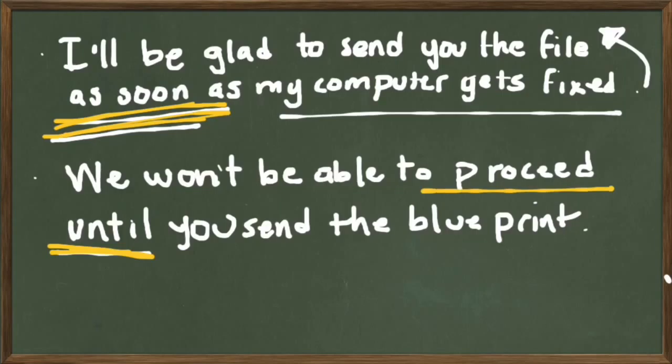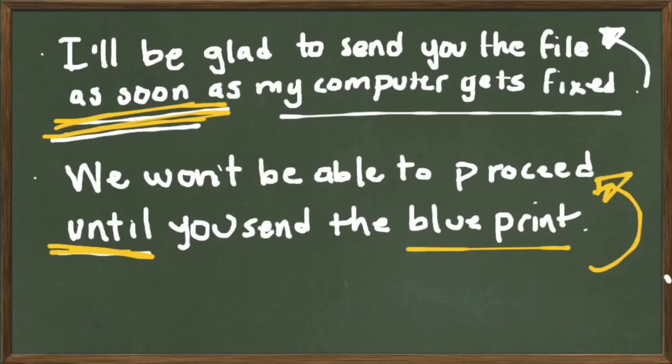Why? Because there is a pending situation, the sending of this blueprint. Okay? So this will not be possible until, once again, we won't be able to proceed until you send the blueprint.